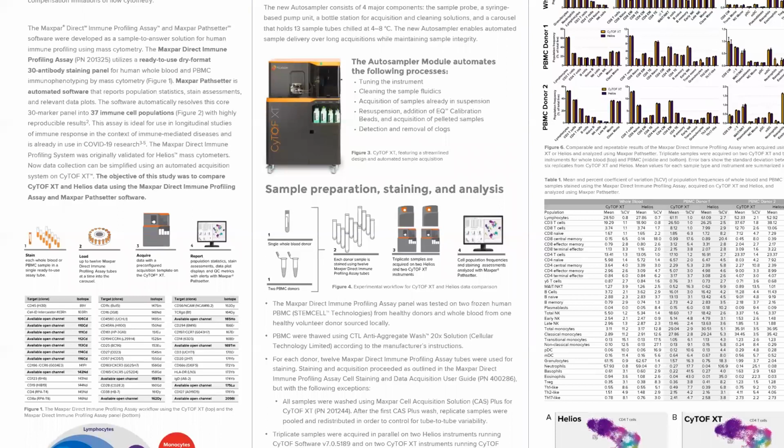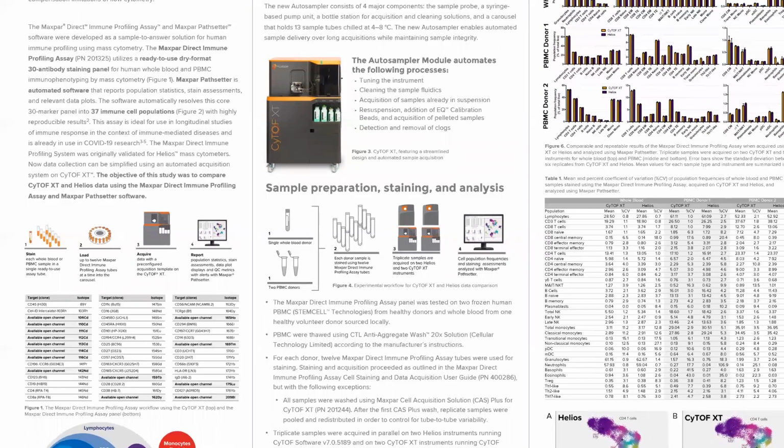With the 30 marker panel and coupled with the MaxPar PathSetter software, we could identify 37 different immune populations from either whole blood or human PBMC samples automatically in just 5 minutes with the press of a button.